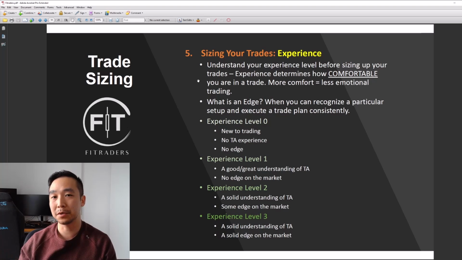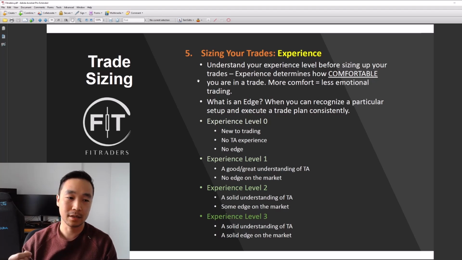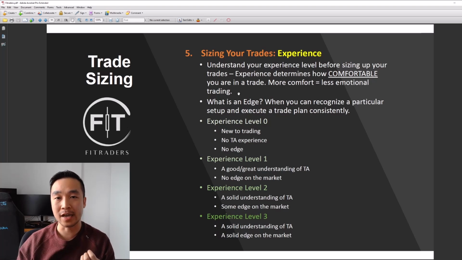How do we not have those emotions flare? It's to understand the setup that you're in and understand the maximum size of the trade you can be in. And another thing is to have an edge on the market. And what is an edge, right? It's when you're able to recognize a particular setup and execute a trade plan consistently.